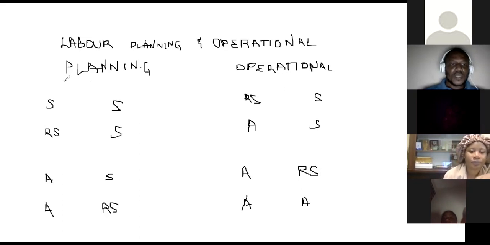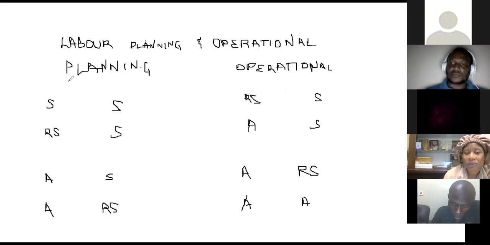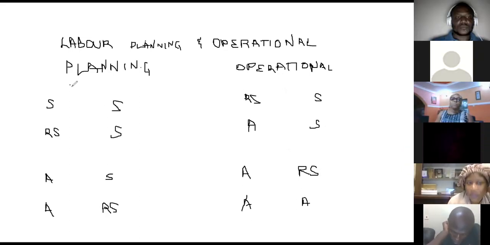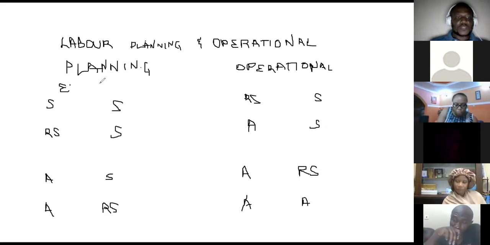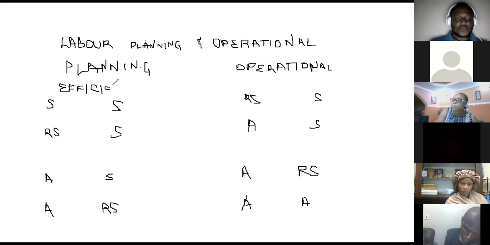Efficiency and rate. So it's efficiency on top, right? And rate under. Yeah. So efficiency. And you're expecting me to write that efficiency again. I'm just wasting your time.